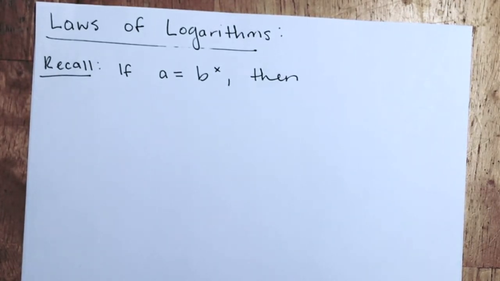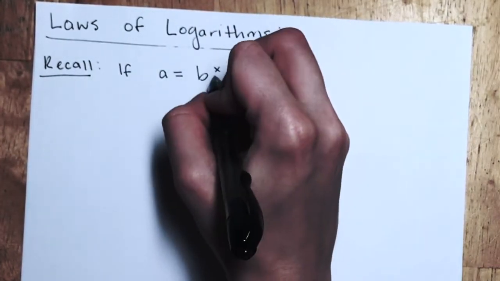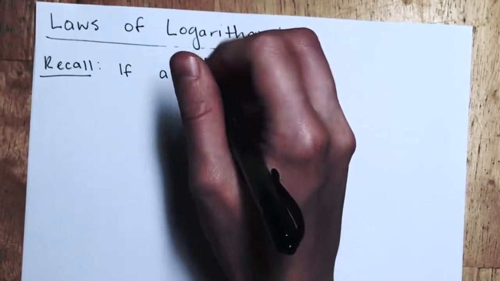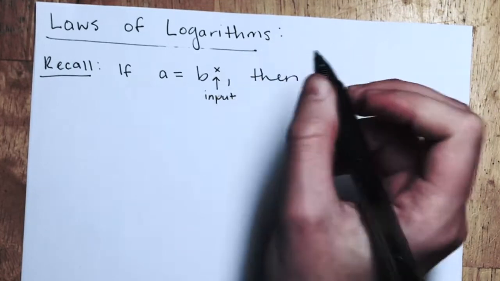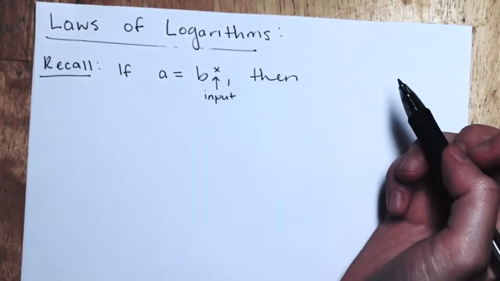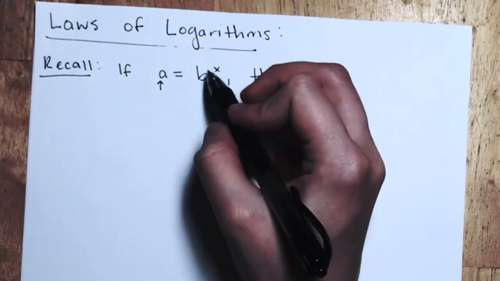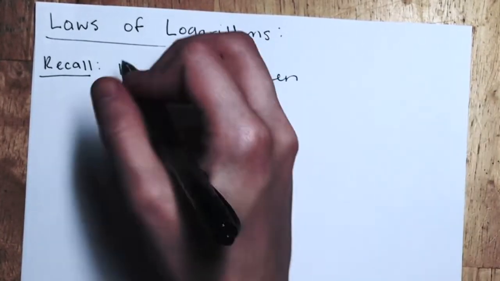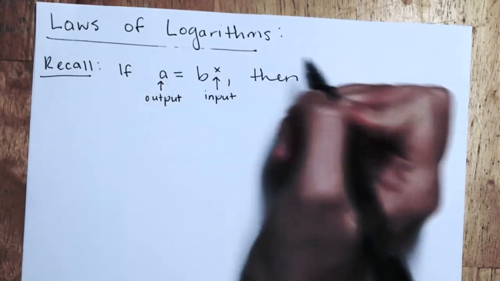And our big thing with inverses is that we're just swapping the input and the output. Remember, x was our input. We would input something for that exponent and then get out what b was raised to that exponent. So that was our output. And we were swapping those.